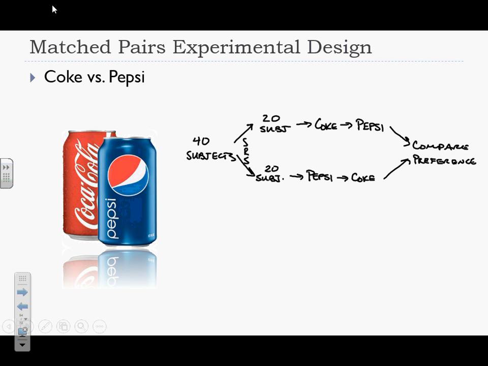So one of the things that's important here, especially with taste tests and medical studies, is blinding. You have to blind your subjects. They should not know what they're trying when they're doing it, because their prejudgments will follow and taint the results otherwise. So you give them a cup, one filled with Coke, one filled with Pepsi, have them try them each, and then give the preference from there.